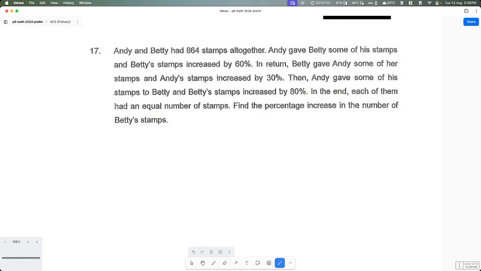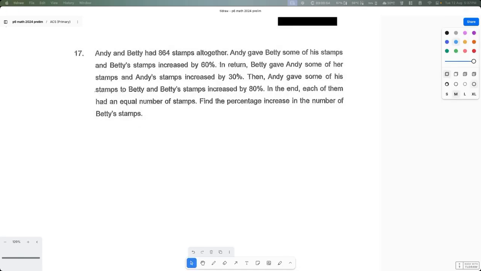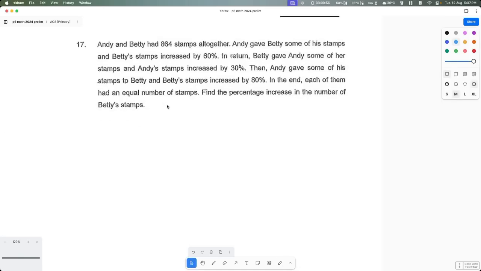So it's an internal transfer kind of thing. For this, we're just going to work backwards. Nothing special to be honest. First, we need to go from the end. In the end, each of them had an equal number of stamps, and altogether they have 864, and they didn't give anything.